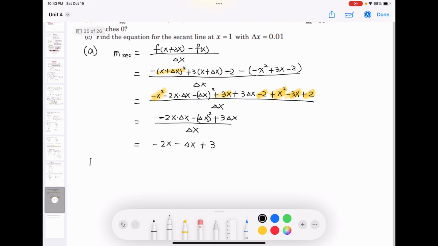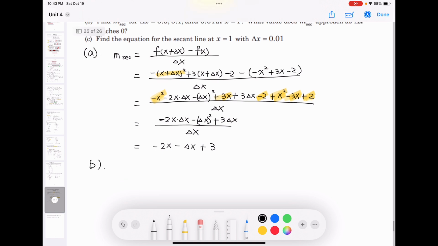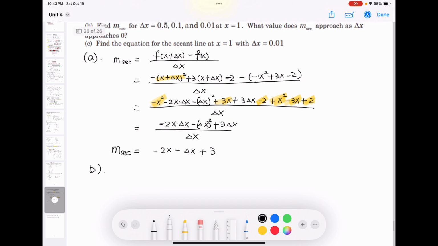Okay, number B. If I have the formula of the slope of the secant, then I'm looking for the slope of the secant for delta x equal to 0.5, 0.1, 0.01 at x equal to 1.